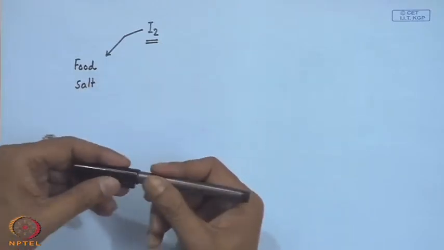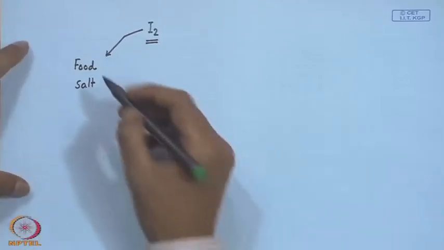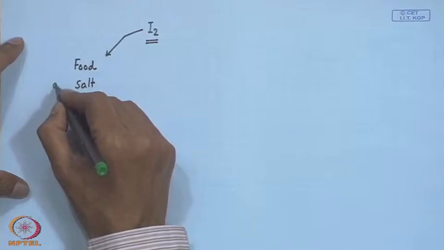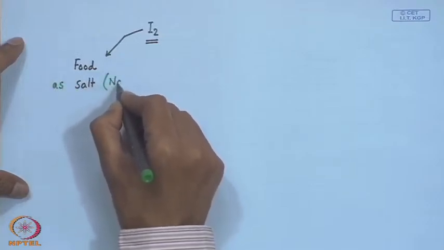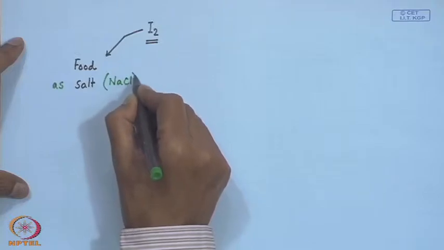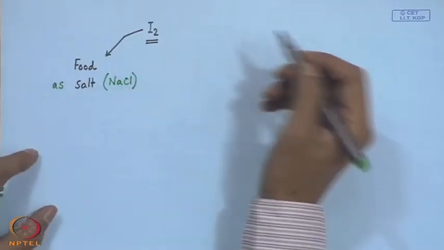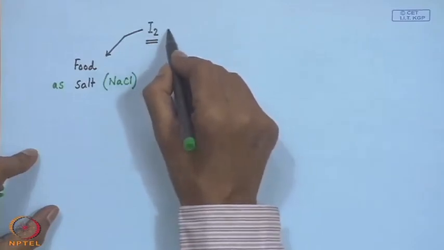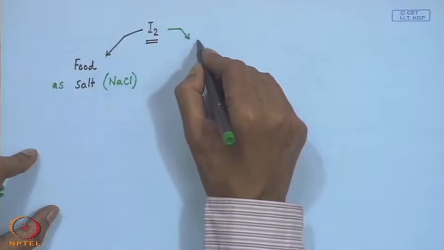If we are not getting sufficient amount of iodine from the other food materials, so as salt along with our sodium chloride intake, we get the corresponding iodine intake also. So, this iodine is utilized for the production of hormones basically.